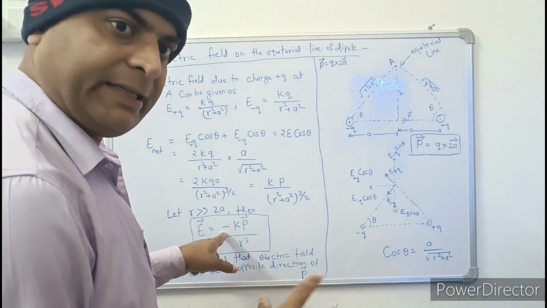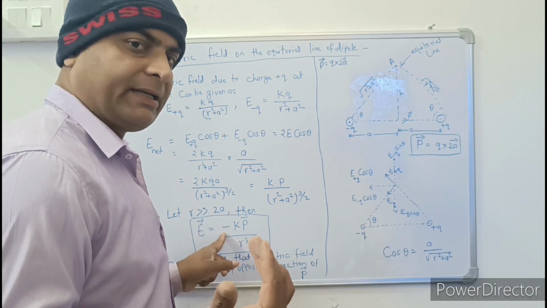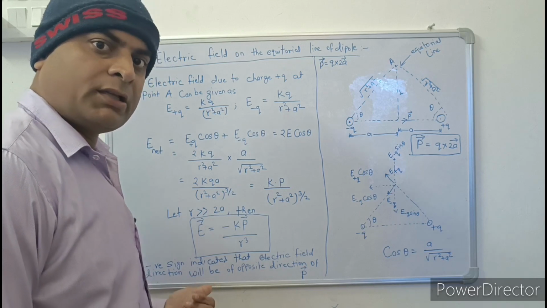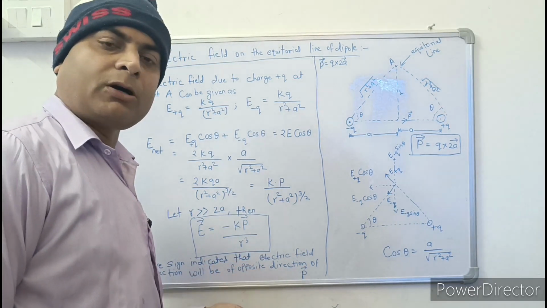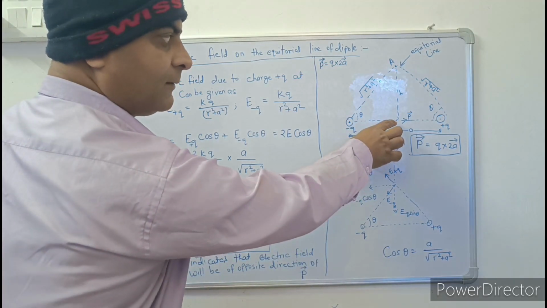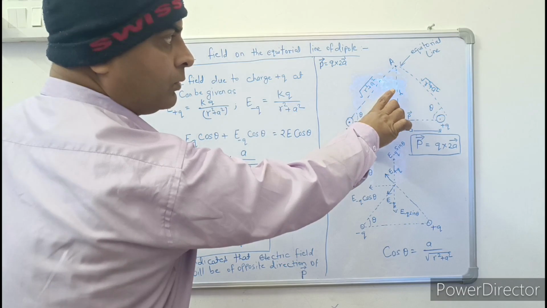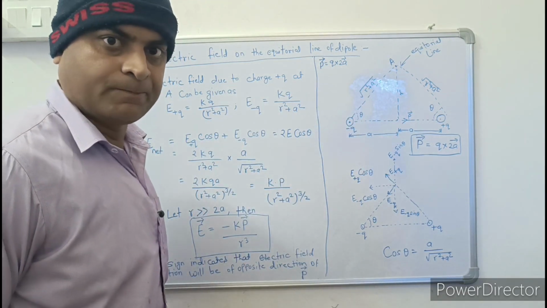Earlier, in the dipole axis case, it was positive, and on the equatorial line it is negative. So the net electric field is inversely proportional to the cube of the distance from the center of the dipole to the point of interest.